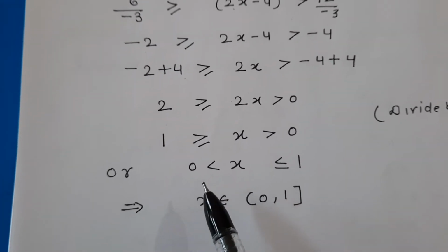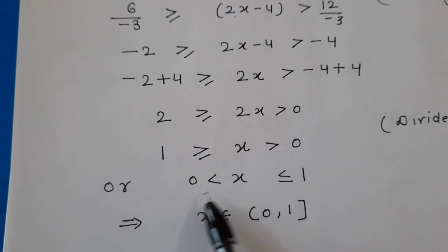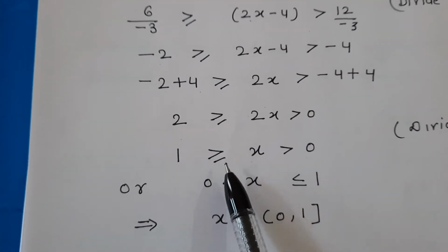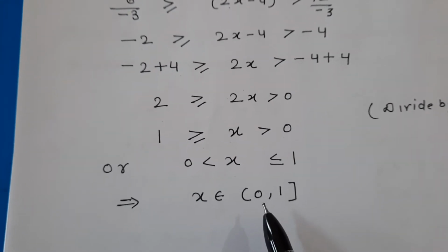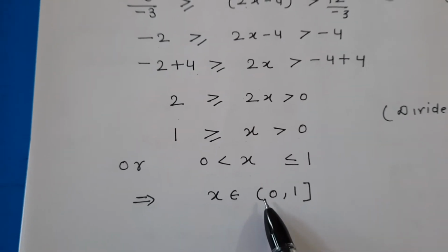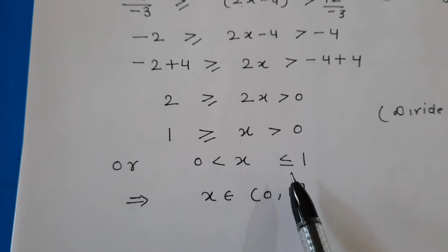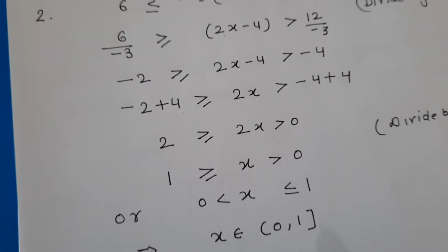So your x belongs to, or you can rewrite this as, from here x is strictly greater than 0 and this is less than or equal to 1. So x belongs to open interval 0 to close interval 1. This is strict, so we have open, and here you have less than or equal to. So we are going to have close interval at 1.